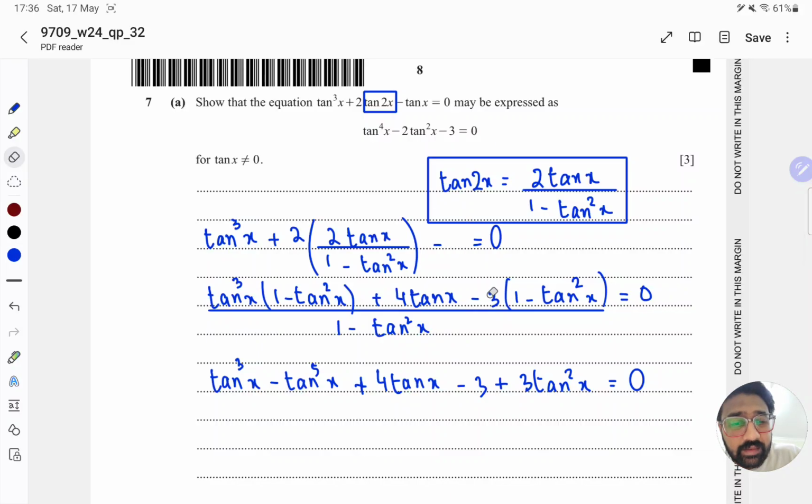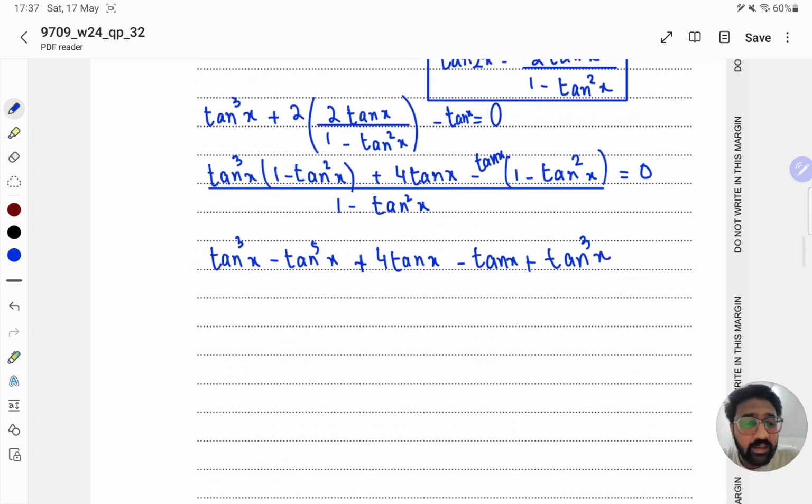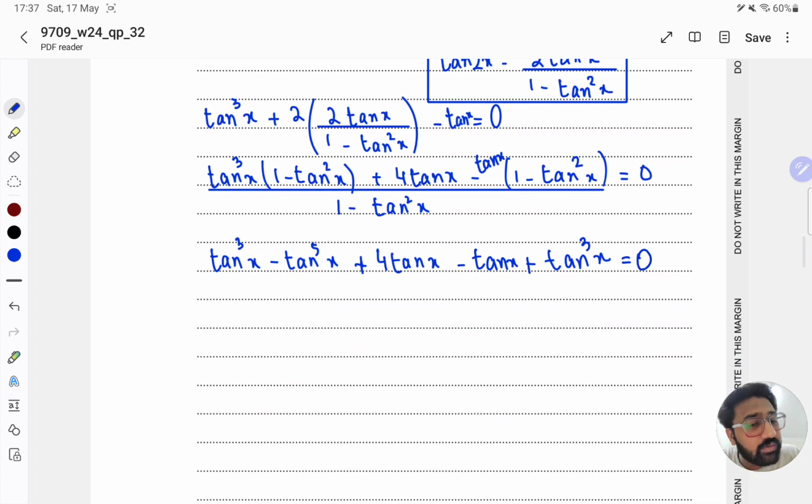This is basically tan over here, which I have skipped. So this is the tan over here, not 3. 3 is the one that we need to make. So it will become tan x plus tan cube x, and it will be equal to 0.